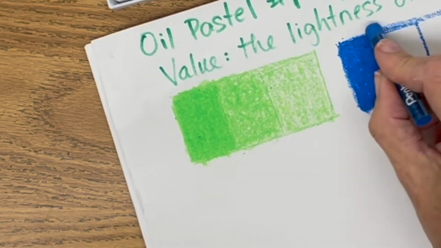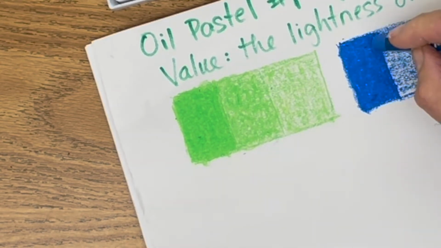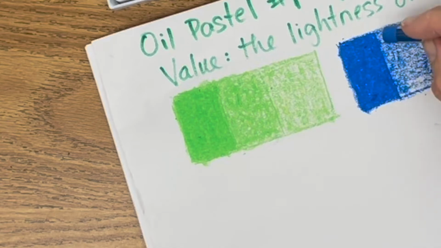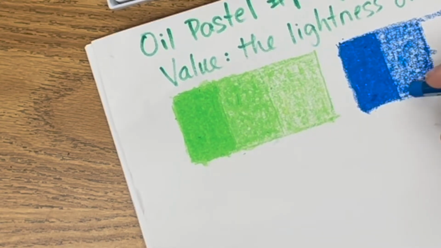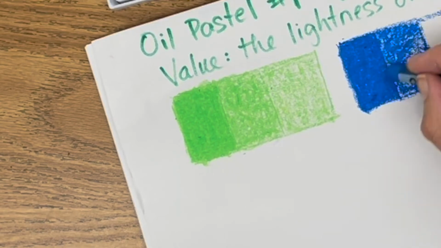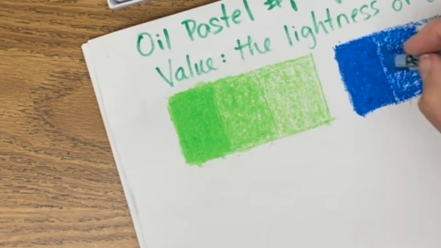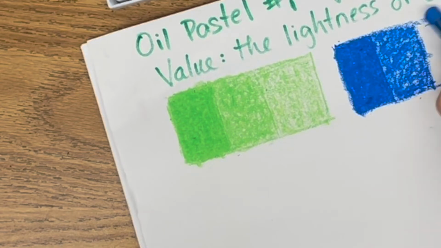So my medium value. Do another layer this way. You can go this way. Okay, we want some speckles to remain on the second one, and lots on the third one.